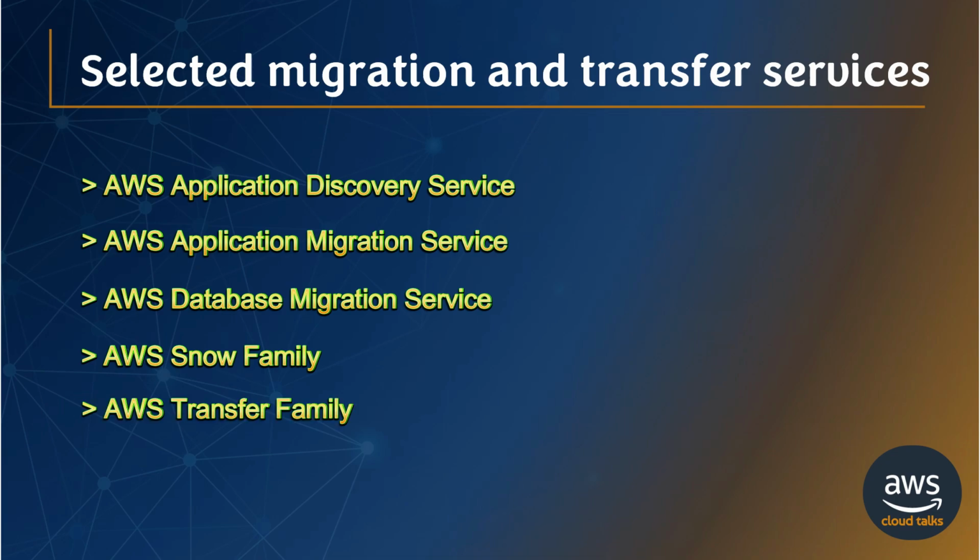AWS Transfer Family. AWS Transfer Family provides fully managed support for file transfers directly into and out of Amazon S3 and Amazon EFS. The service uses Secure File Transfer Protocol (SFTP), File Transfer Protocol over SSL (FTPS), and File Transfer Protocol (FTP).